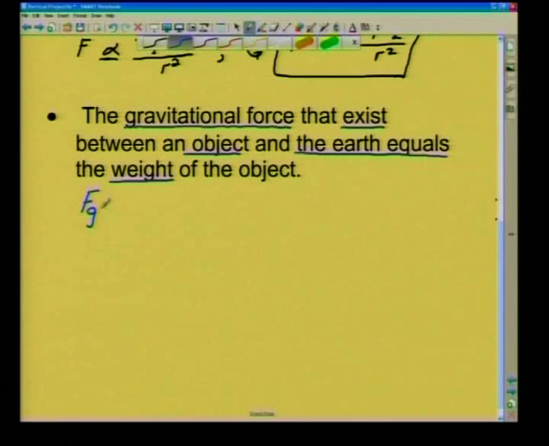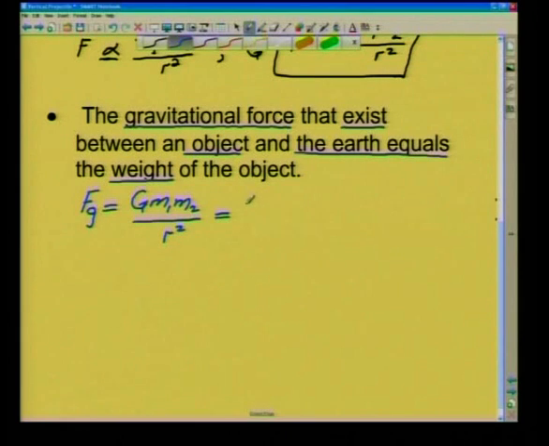So Fg equals the weight of the object. That force of gravity, remember, is G M1 M2 over R squared. And we are told that this force equals the weight of the object. Now, what is the weight of the object?